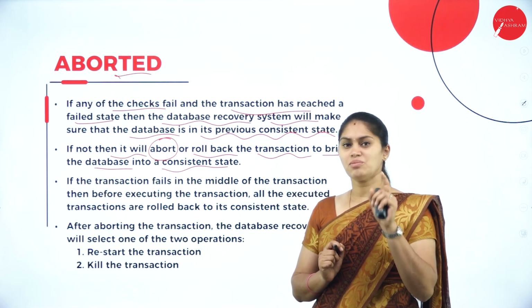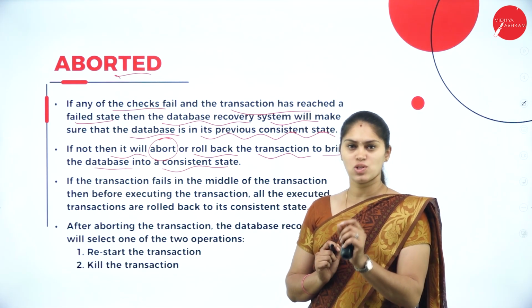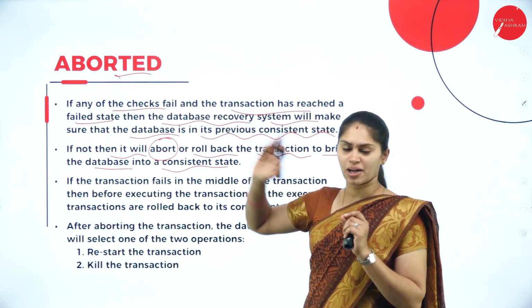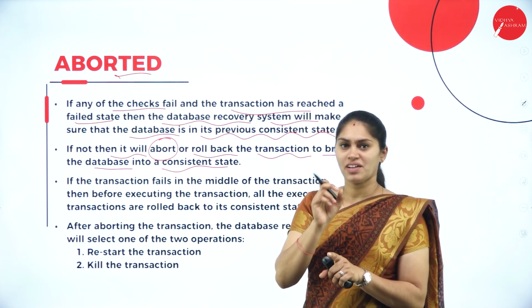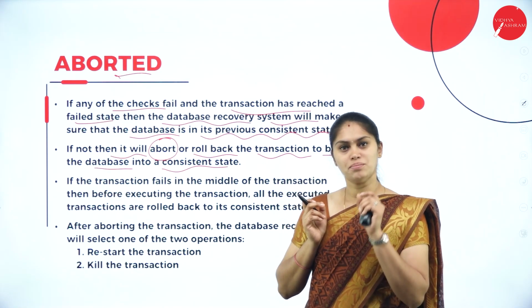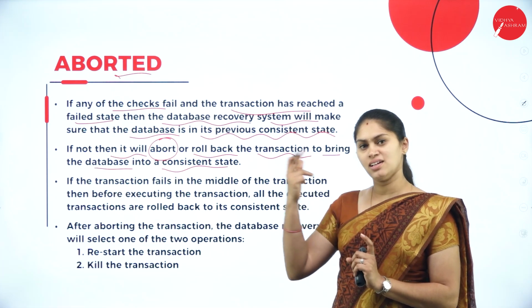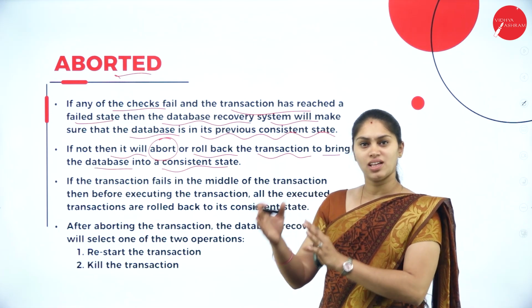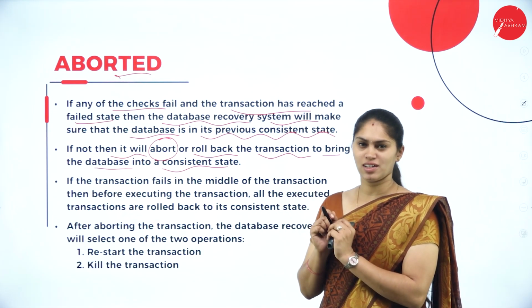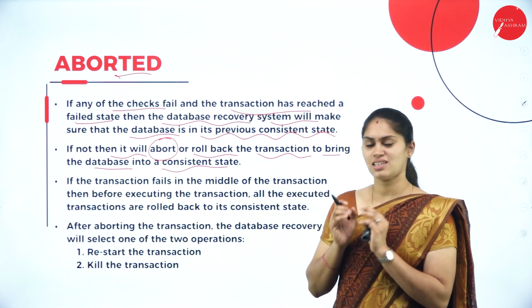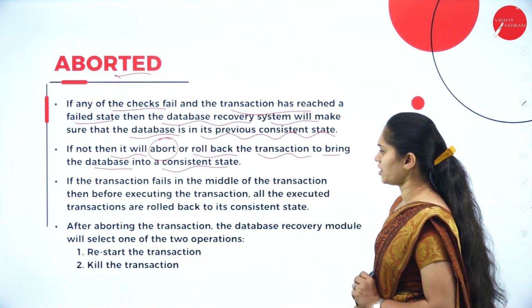So whenever you give a wrong password, we are at the aborted state. Then we have to go back and give the proper account password. Then we can reach the partially committed state. Then it will be sent to the recipient. If it is sent successfully, we reach the committed state. That is what you need to understand.